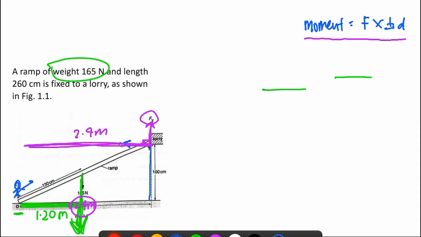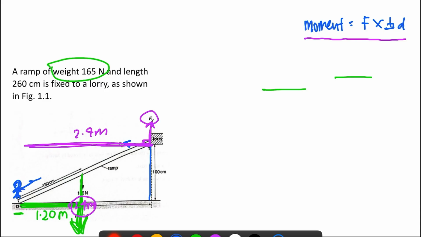What happens when the man is right at O? If the man stands right at O, there is no additional clockwise moment. Why not? Because there's no perpendicular distance, so there's no additional moment acting on it.